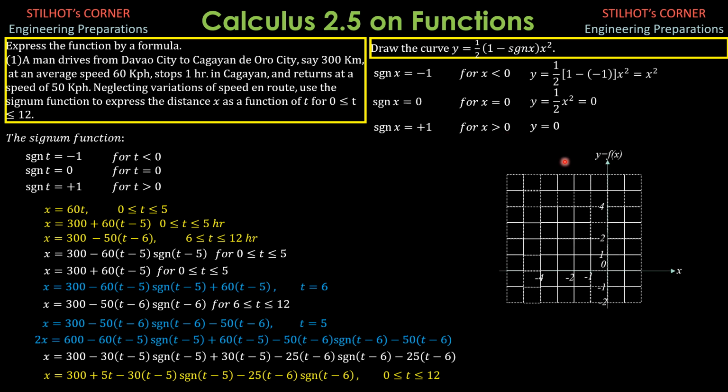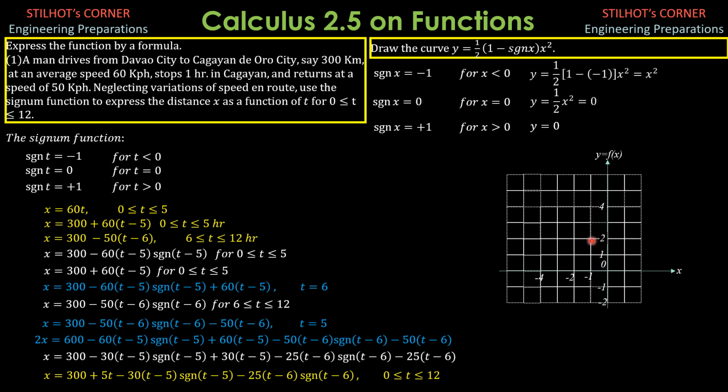So to plot, this is now the plotting. Now note that when x is 0, it is also 0, but it is for this case here. Then when x is −1, y is +1. So it passes through 0, supposedly an open hole, but when x is 0, it is also 0 because of the second definition.